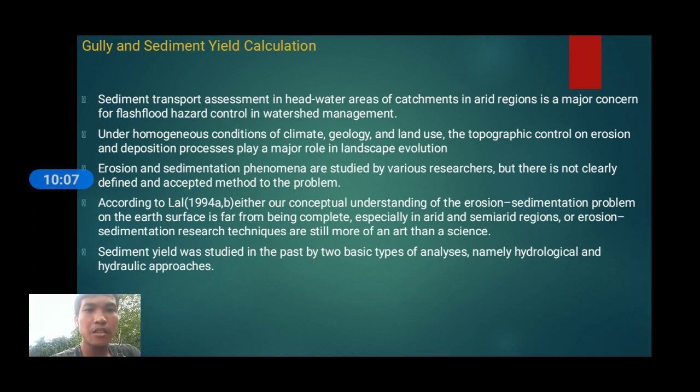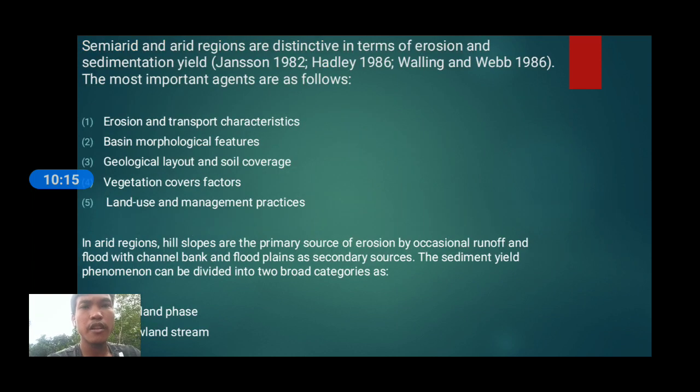Sediment yield was studied in the past by two basic types of analysis, namely hydrological and hydraulic approaches. Semi-arid and arid regions are distinctive in terms of erosion and sediment yield: Johnson 1982, Hadley 1986, Walling and Webb 1986.